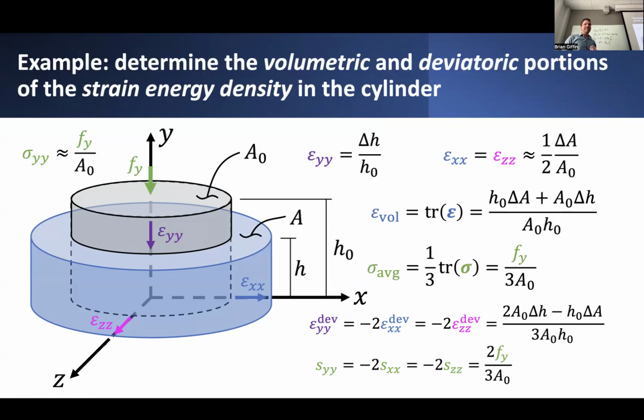And we can do the same thing to compute the average stress, or the mean stress. You can think of this as kind of like the hydrostatic pressure inside of the cylinder. Although if you look in the book, they define pressure as basically sigma average with a minus sign. So that's the only distinction.